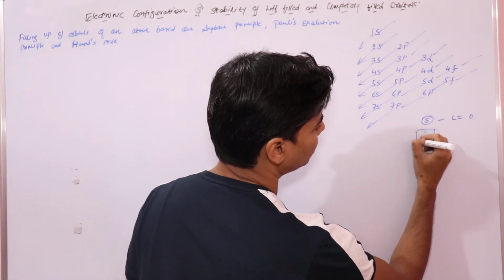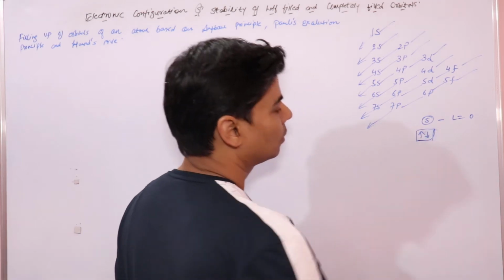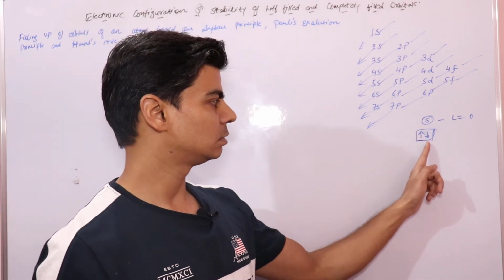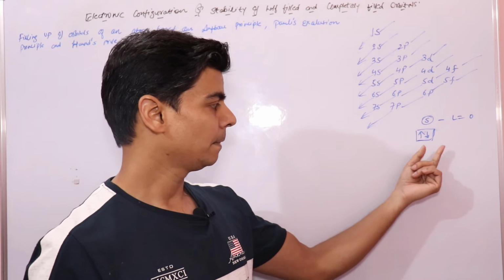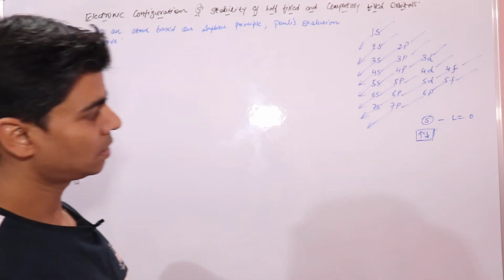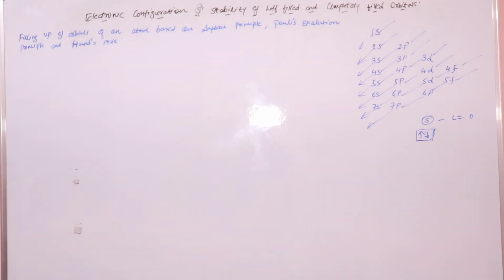This is how we show an orbital. Why am I using these opposite arrows? This is because of Pauli's exclusion principle.